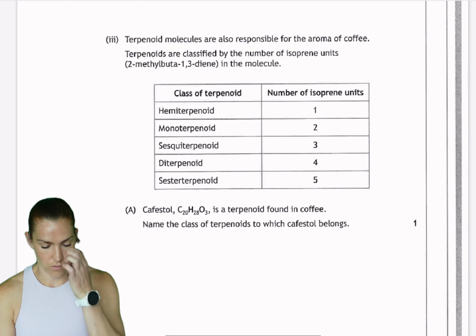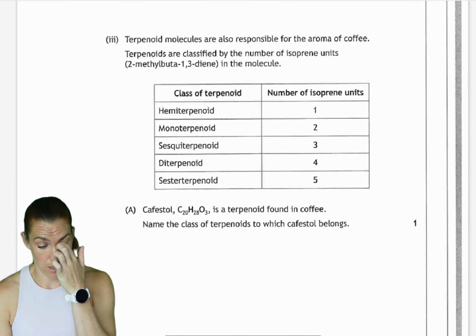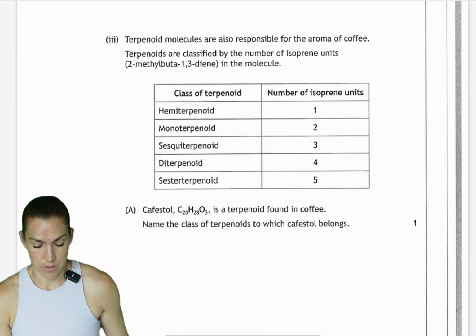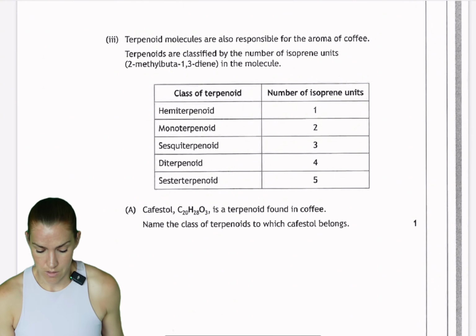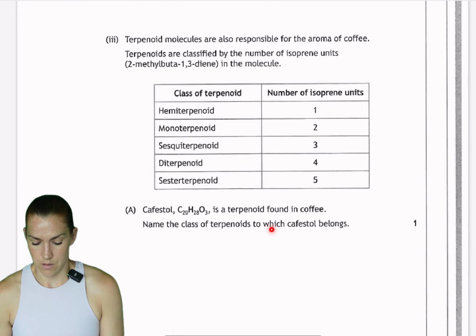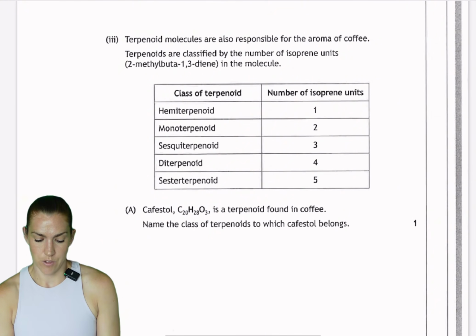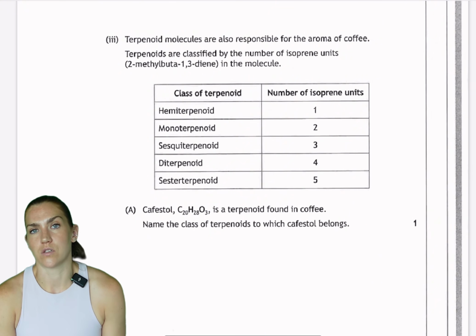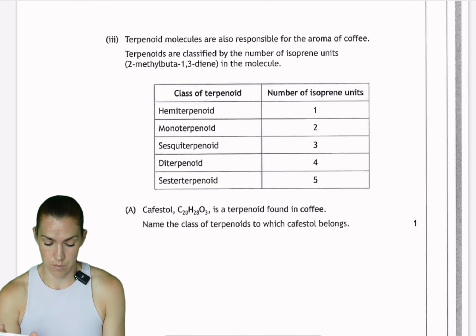And then you've got a terpenoid. The terpenoids are classed by the number of isoprene units. Caffeine, which you're given the formula here, is a terpenoid found in coffee. Name the class of terpenoids to which caffeine belongs. So remember, when you're trying to work out how many isoprene units are in a terpenoid, or a terpene, always divide the number of carbons by 5, because there's 5 carbons in an isoprene unit.